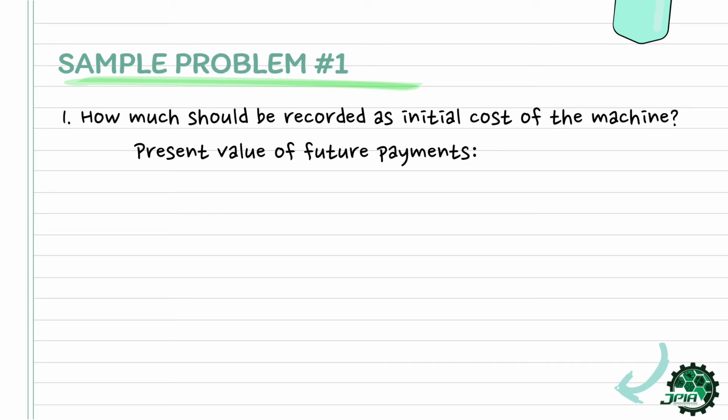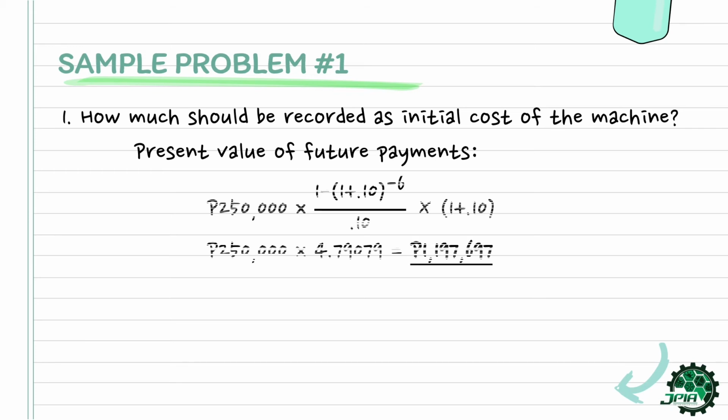So, para malaman natin kung anong initial cost of the machine, since ang problem na ito is concerning a non-interest-bearing note, kailangan natin makuha ang present value ng payments sa note na yon. Dahil yon ang magiging initial cost of the machine. So, paano makukuha yon? To get the present value, we will multiply the payments by the present value factor.